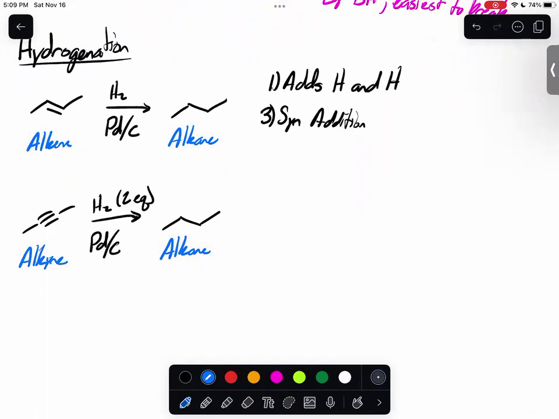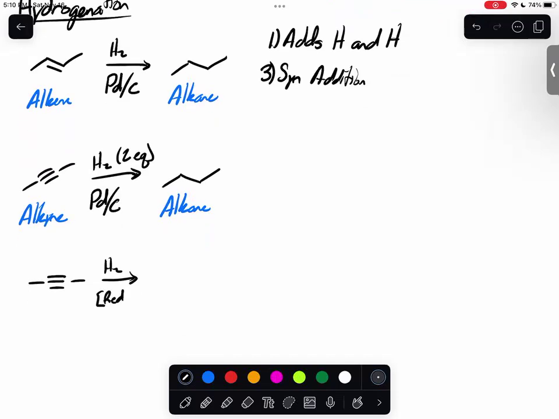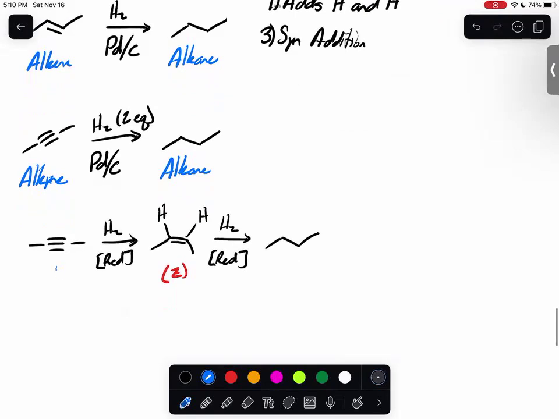And so what this actually looks like, and as a reminder, you don't need to know the mechanism for the hydrogenation reduction, but for the first equivalent of H2 that comes in and reduces, it should make a syn addition onto the alkyne to give you a Z alkene. The second addition then is the one that takes that alkene and makes it into an alkane. So from the alkyne, we are essentially doing two reductions to get to the alkane.